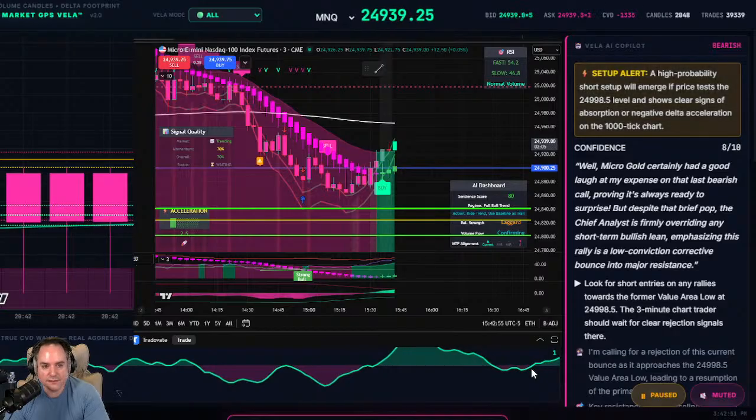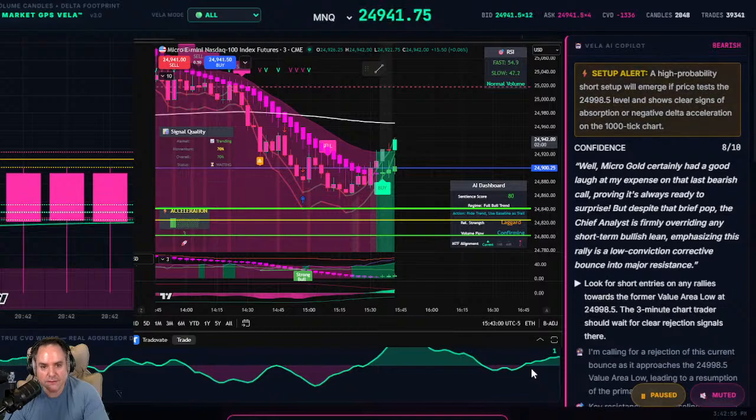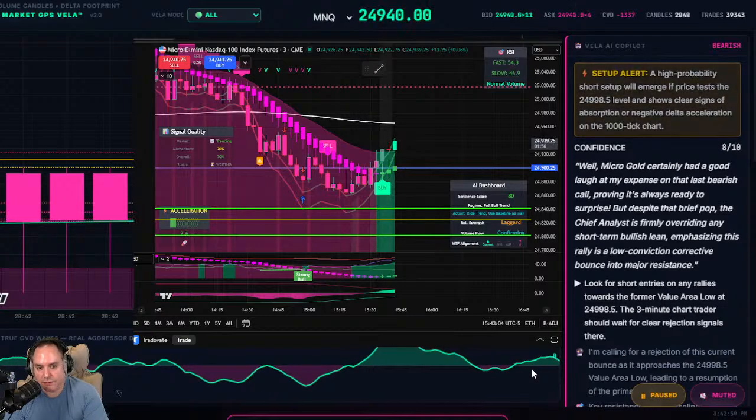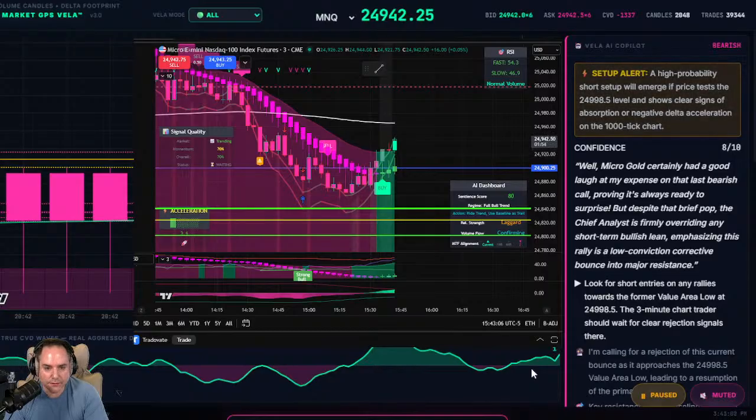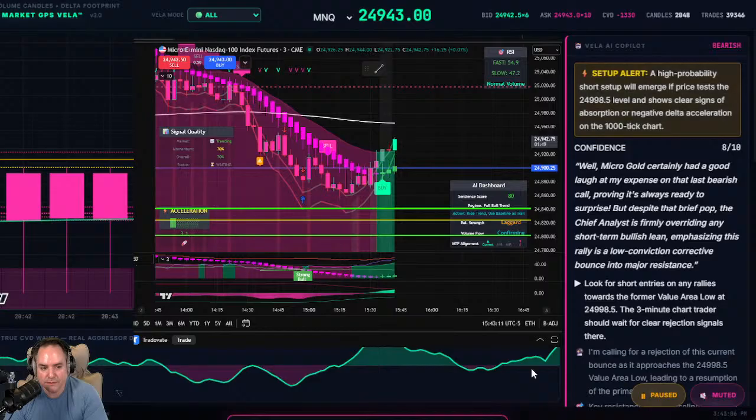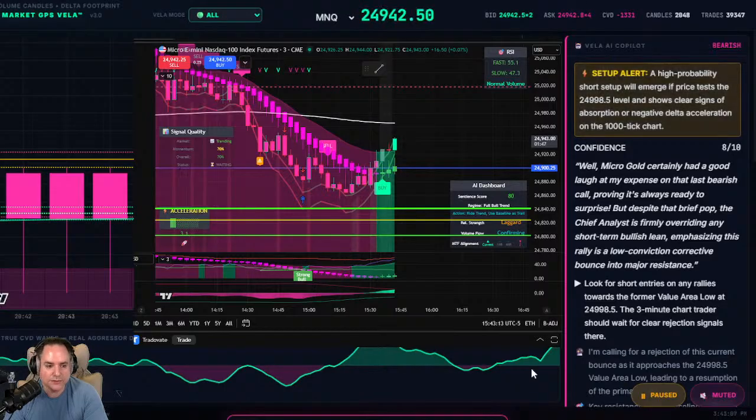But now that I've got these alerts, I don't have to be strict to that schedule. Obviously, when I don't want to trade, I'm going to disable the alerts, but this allows me to be a little bit more flexible than having a set schedule.